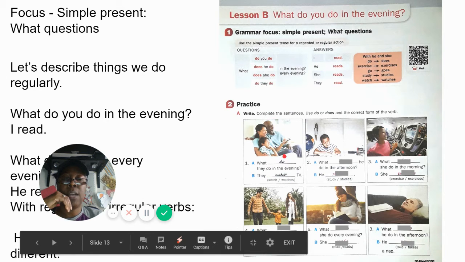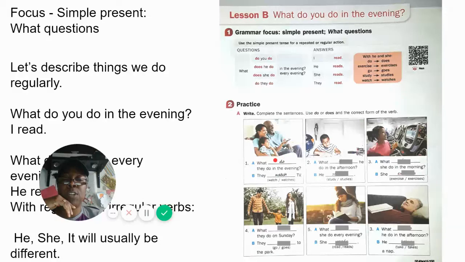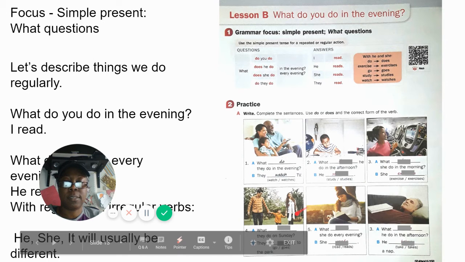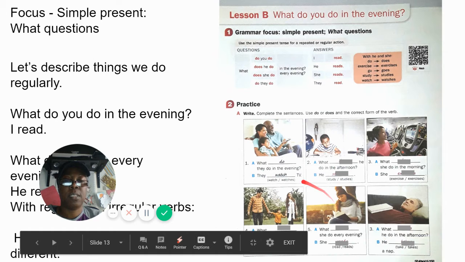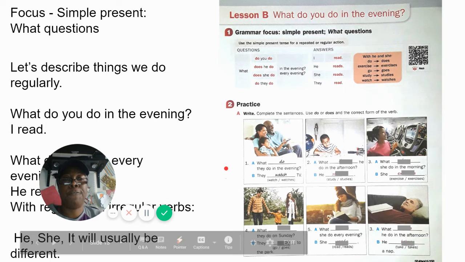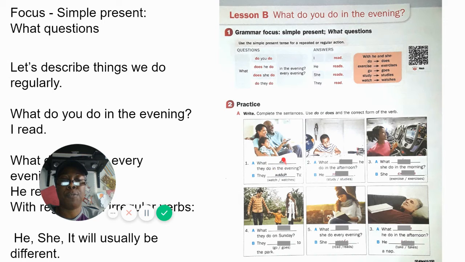Now, to figure out which is the correct form of do or does to use, you have to look at your subject. What is your subject in each sentence? Once you look at your subject, then you can figure out which form of this verb do you're supposed to use.